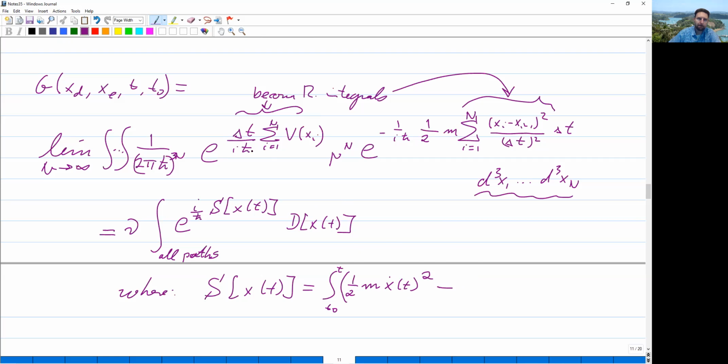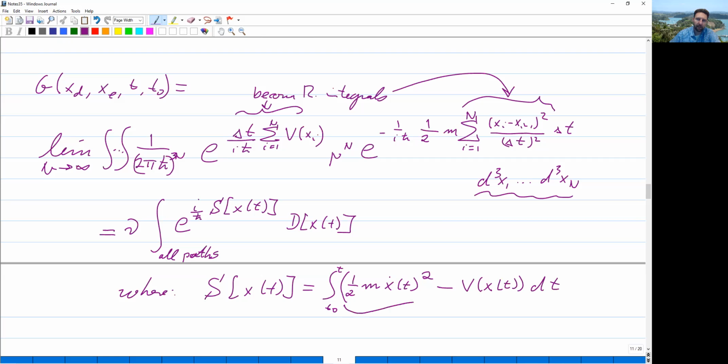Minus this piece. Why a minus? Well, because here the i is in the denominator, there it is in the numerator. That's why this minus becomes a plus and this plus becomes a minus. So we have here then the integral of the potential. So here we have v of x of t, and then dt.